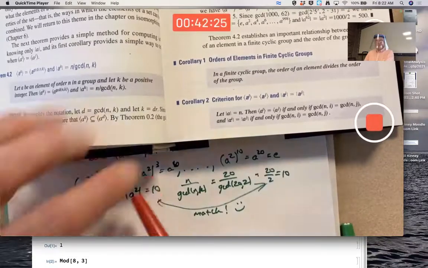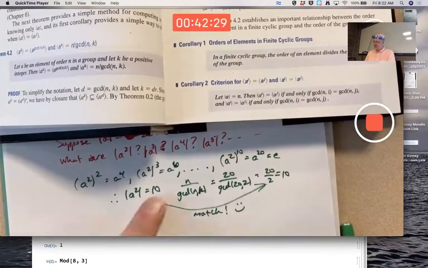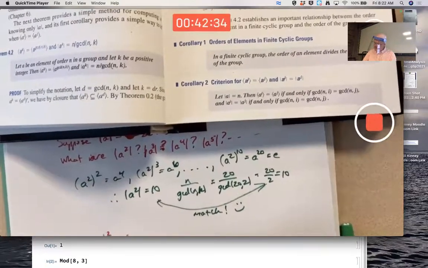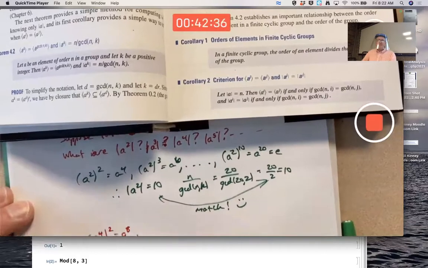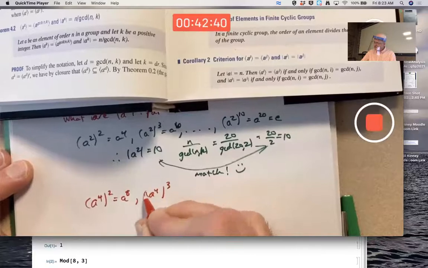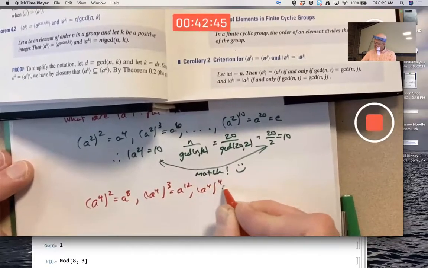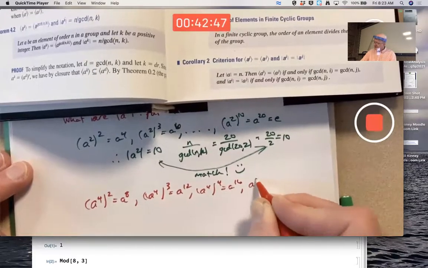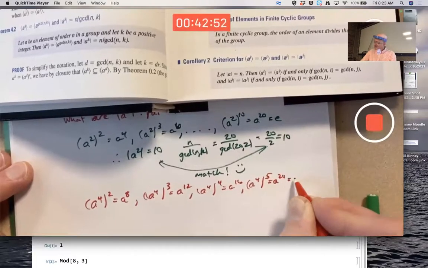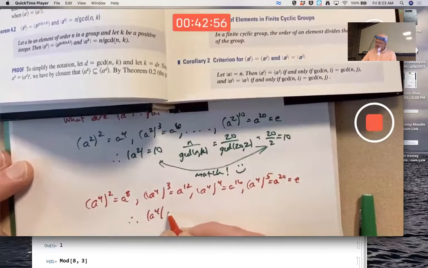Let's skip a cubed for the moment. That one's a little bit harder because it takes more writing, you might say. Let's go to a to the 4th. A to the 4th squared is a to the 8th, not the identity. A to the 4th cubed is a to the 12th. A to the 4th to the 4th is a to the 16th. A to the 4th to the 5th is the first time you get to the identity. Therefore, the order of a to the 4th is 5.